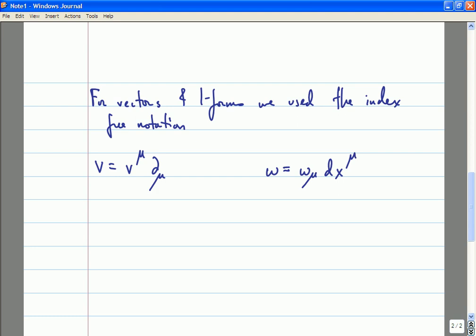So analogously, sometimes people use an index-free notation for a general tensor.